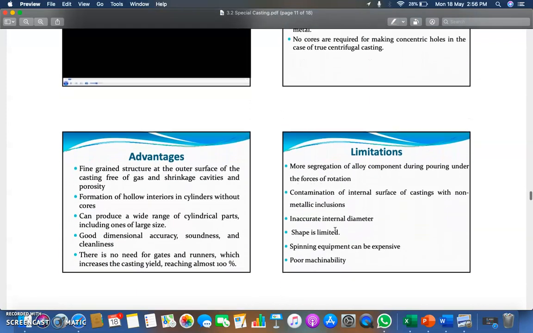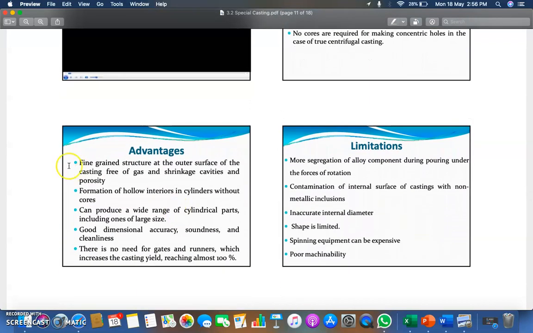Now, what are the advantages of centrifugal casting? Fine grained structure at the outer surface of the casting, free of gas and shrinkage cavity porosity, meaning shrinkage cavities will not be there, gas insertion will not be there, and porosity will be very low or negligible. You can produce hollow interiors in cylinders without cores.